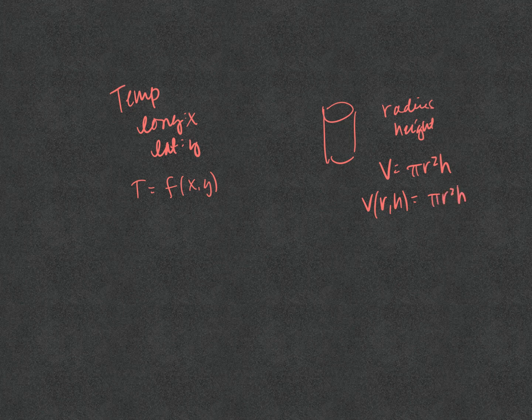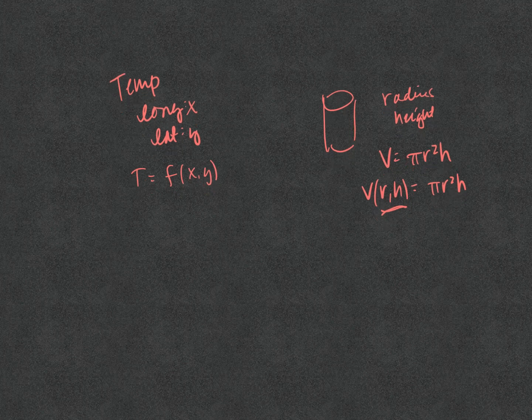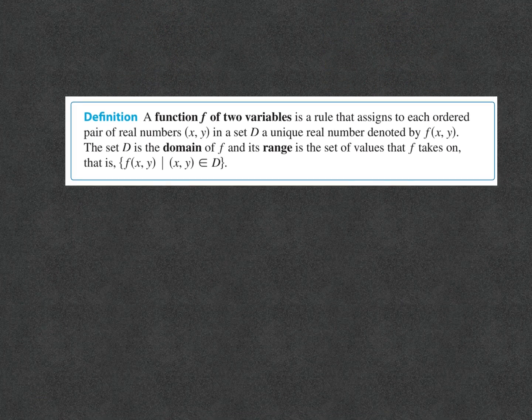And you look at me and say, we've seen that before, but that's true. You've always been given two of the three variables, but in this case, r and h are both variables that can change, not one of them static and the other one changing. So that's where this difference comes in.